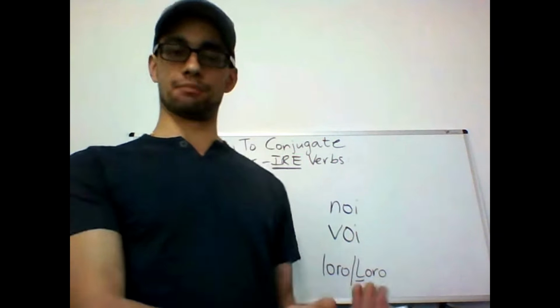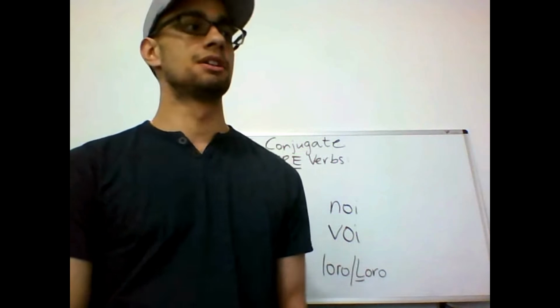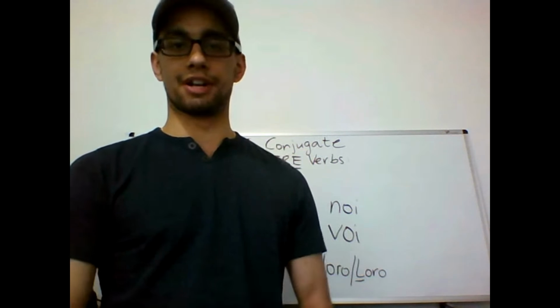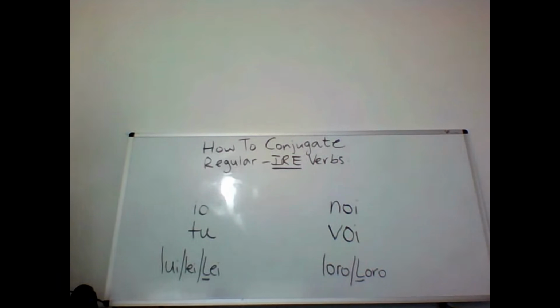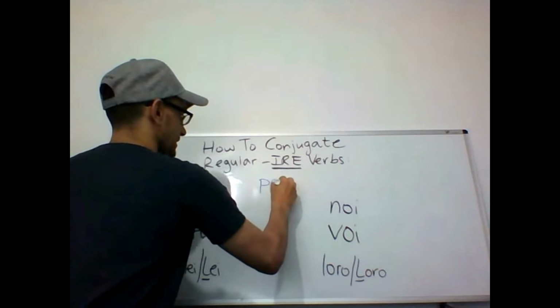So you're basically being polite, you're being respectful. So a group of colleagues, say you're speaking at a meeting or a convention, you would use this. Okay, so let's begin. Now the verb that I chose, again, let's start with partire.